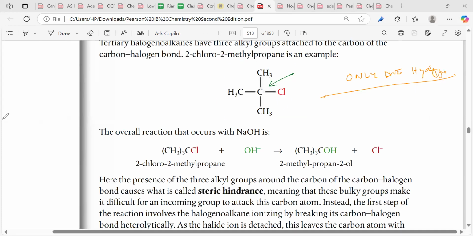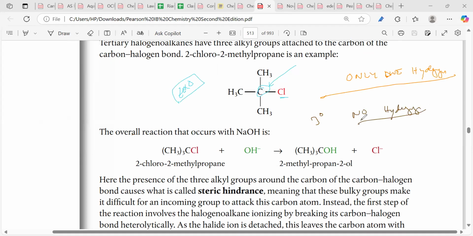The central carbon, which is attached to the substituent or the functional group. Now over here, Eunice, how many hydrogens are attached? None, zero. So if zero hydrogen is attached, Noor, is it a secondary, primary, or tertiary carbon? Tertiary. Tertiary carbons are those carbons which have no hydrogen attached, right?